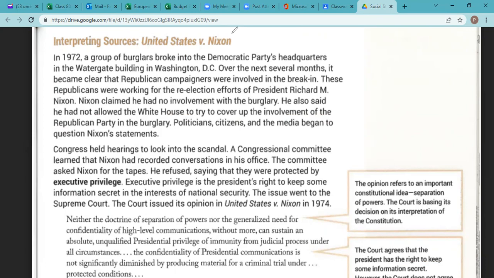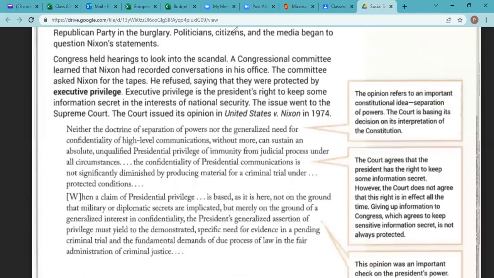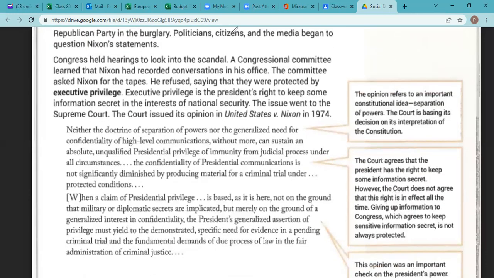So politicians, citizens, and the media, so the news, began to question Nixon's statements. Now, Congress held hearings to look into the scandal. A congressional committee learned that Nixon had recorded conversations in his office. Uh-oh. Now, when it says congressional committee, think about that first word, Congress.